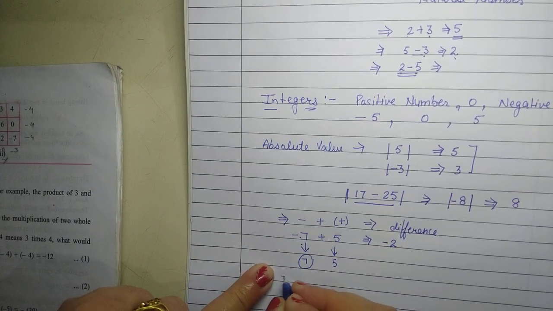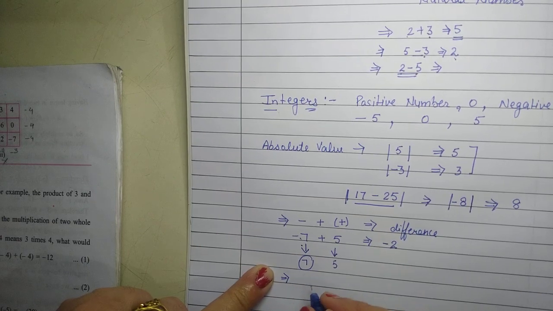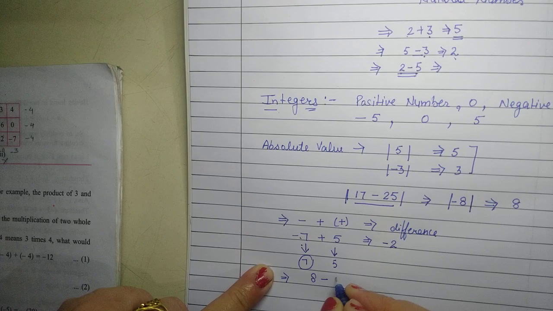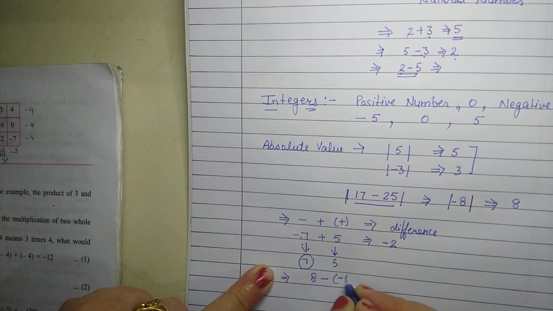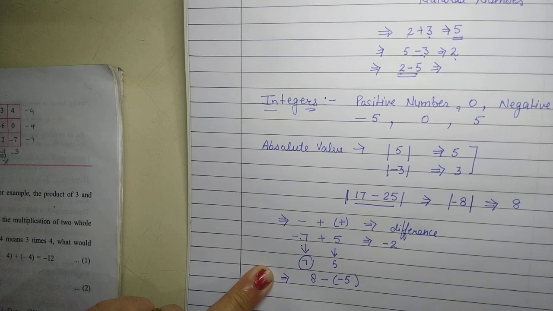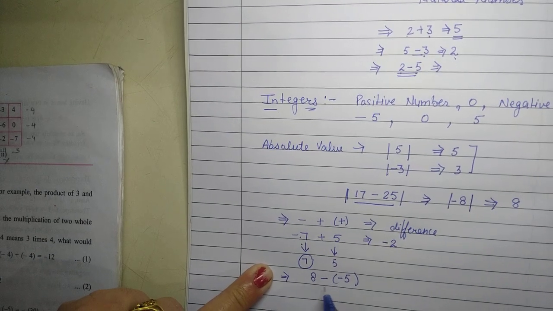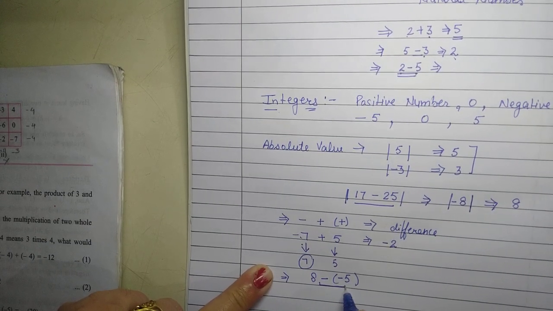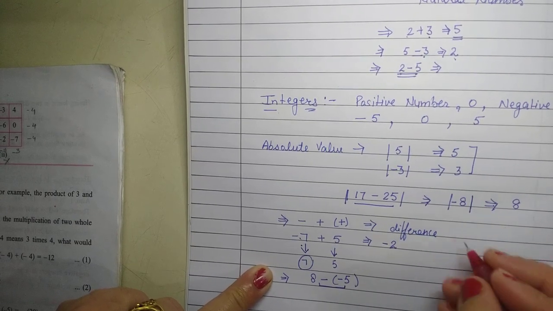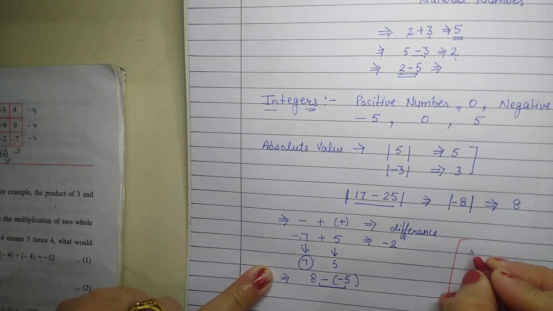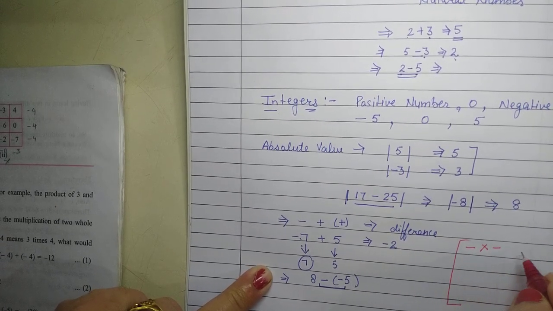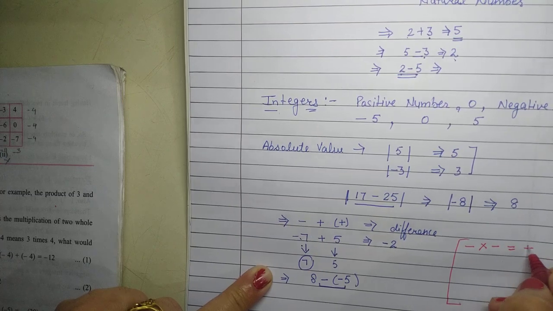With the help of another example, 8 minus (-5). How to solve this one? Here we will apply the rule of multiplication of two signs. If minus is multiplied with minus, then we get a positive result.